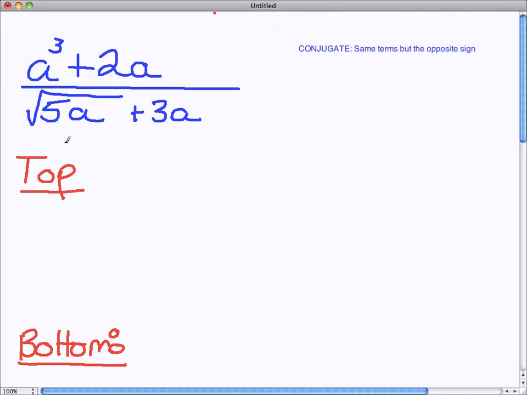The conjugate is actually the same term as what's on the bottom, however it has the opposite sign. So instead of the square root of 5a plus 3a, we're going to do the square root of 5a minus 3a. And whatever we multiply the bottom by, we have to multiply the top by.